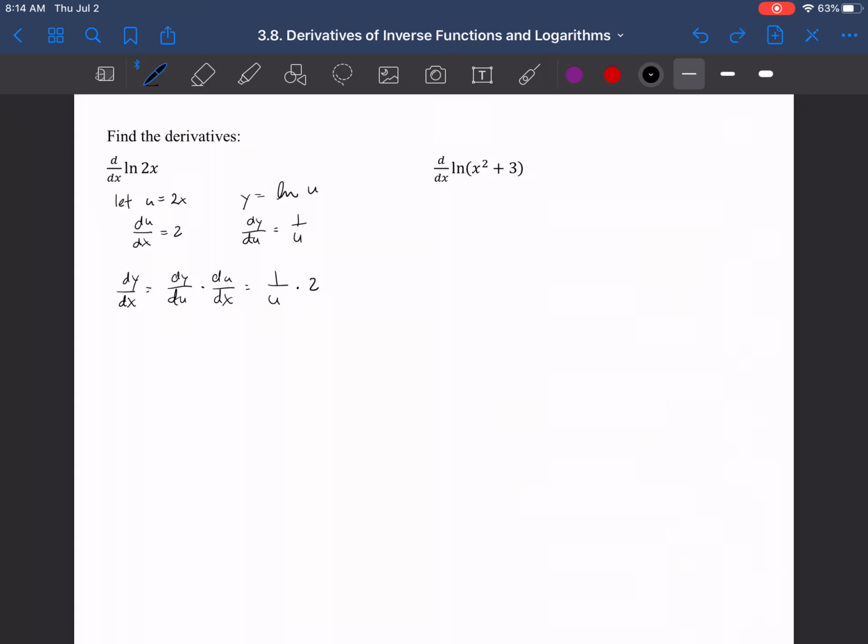Right there. So this just becomes dy/dx equals 2 over 2x, which is just 1 over x in this case. There you go.